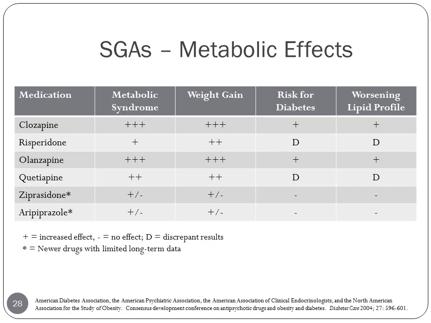The second generation antipsychotics differ in terms of how much they affect the metabolic profile. This table is from the American Diabetes Association and American Psychiatric Association consensus statement that I talked about in the learning objectives. As you can see, this came out in 2004 and hasn't been updated since then. At that time, aripiprazole and ziprasidone were pretty new to the market, so there wasn't a lot of long-term data with these agents.